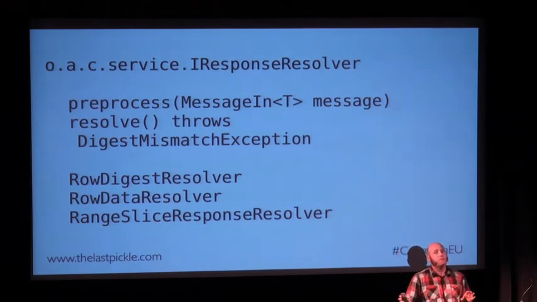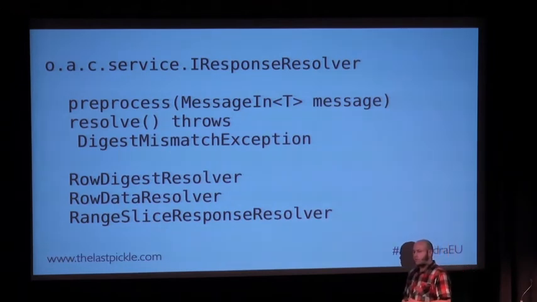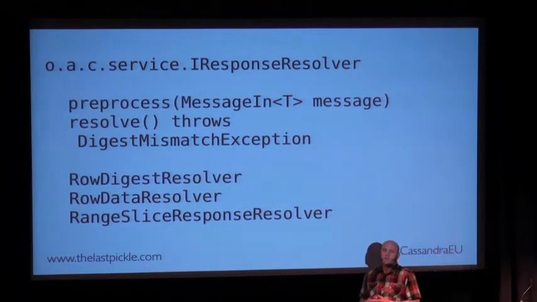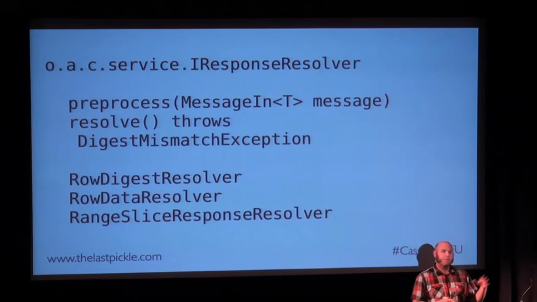Doesn't wait around for a response, and then returns from the resolve function and gives us the data that we're going to send back to the API. And lastly, the range slice response resolver is used if you're doing a get range call, because it's got to deal with the extra complication of nodes returning multiple rows, different numbers of rows.